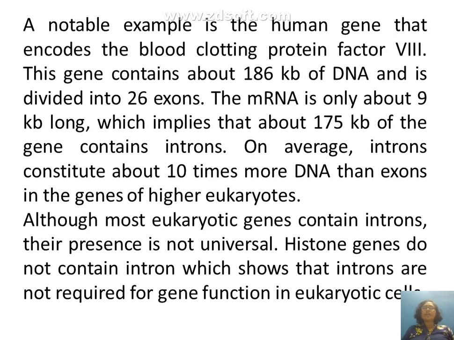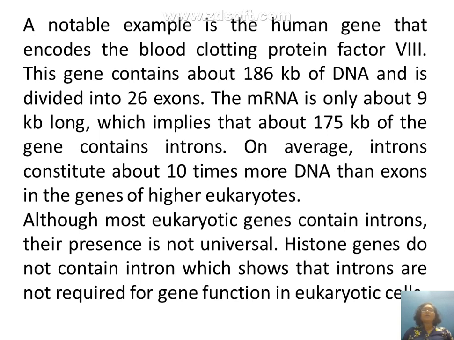So, the next notable example is the human gene which encodes the blood clotting factor 8. This gene contains 186 kilobase pairs of DNA and is divided into 26 exons. If you observe the messenger RNA of these spliced 26 exons, it is only about 9 kb long, which implies that 175 kb of the gene contains the introns.